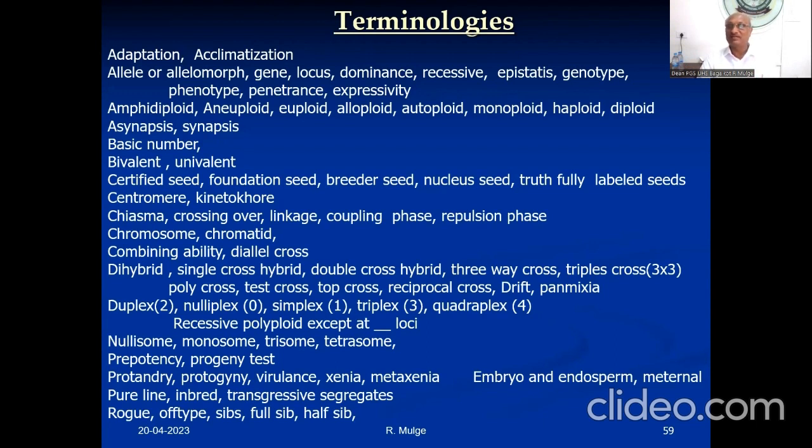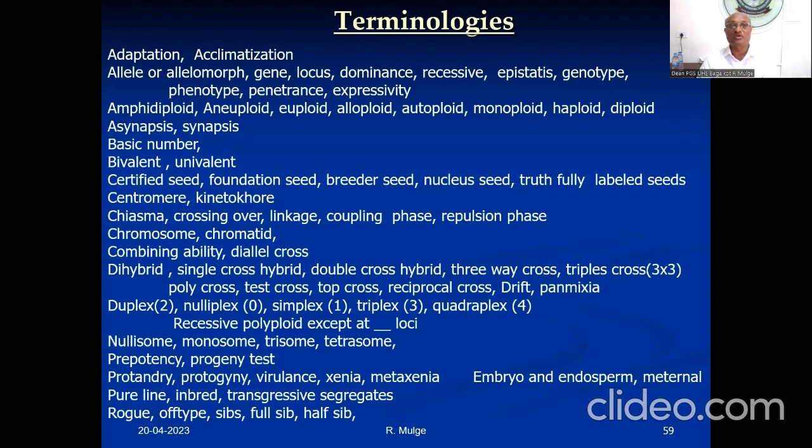You should always define it independently, rather than recollecting it while explaining. If somebody straight away asks you, what is aneuploid? Then you say: an organism whose somatic chromosome number is not an even multiple of the haploid number. It is deviating from the even, right? Okay. So it is different.